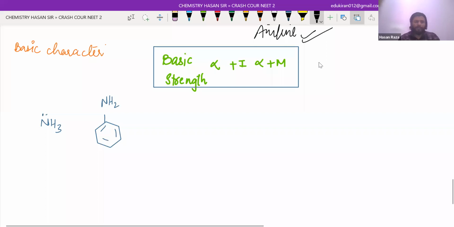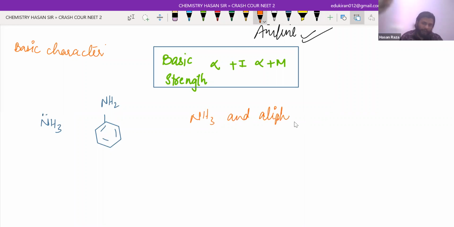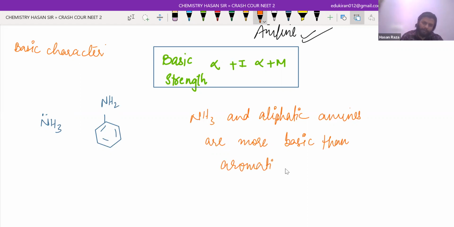See, always remember this point, which is very important. NH3 and aliphatic amines, which are not aromatic, not in benzene, aliphatic amines are more basic than aromatic amines.